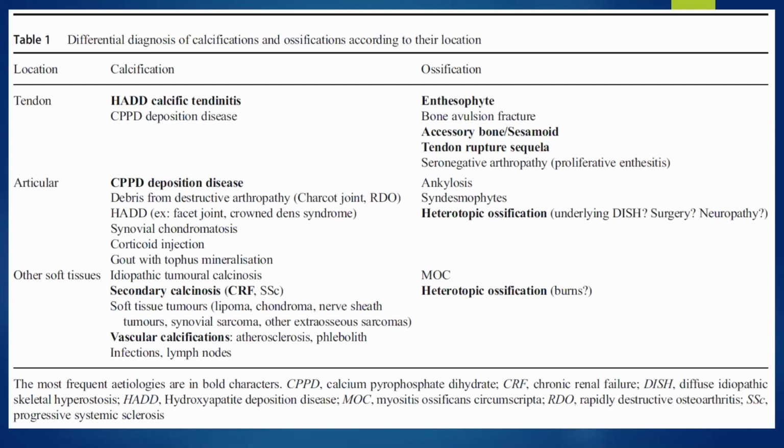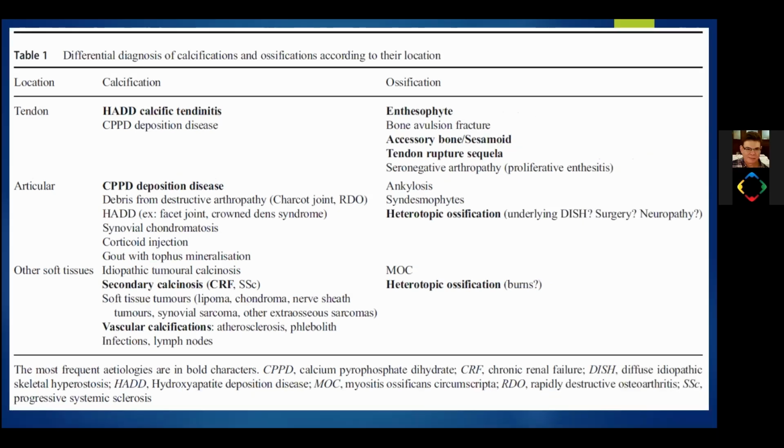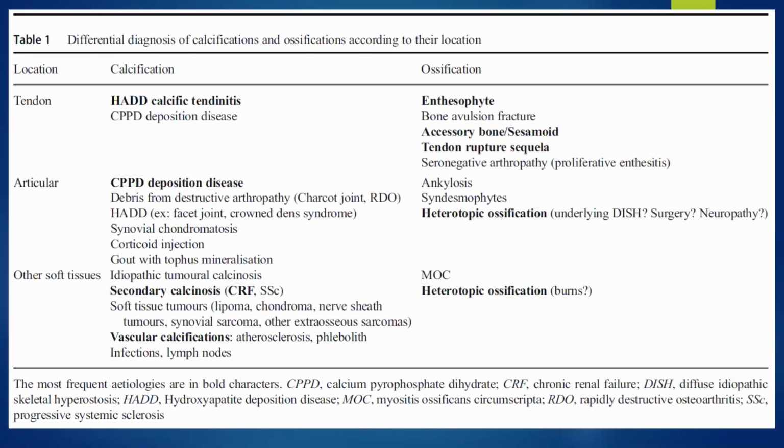In other soft tissues, you can see idiopathic tumoral calcinosis as a calcification, secondary calcification, soft tissue tumors, including calcification within lipoma, chondroma, nerve sheath tumors, synovial sarcoma, and other extraosseous sarcomas.